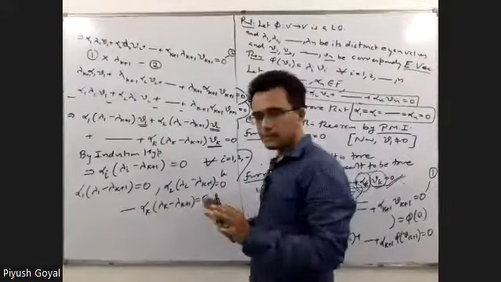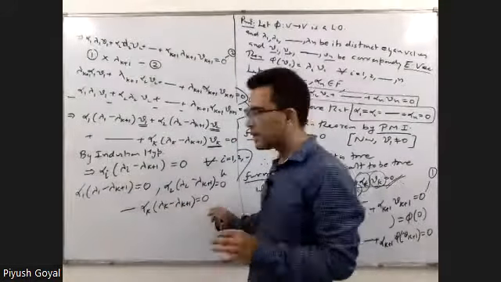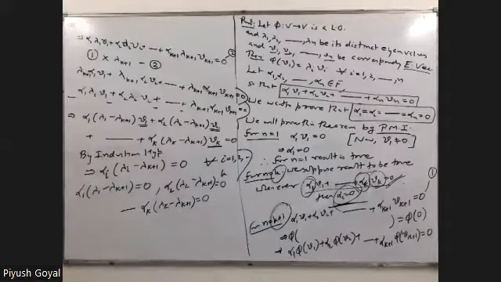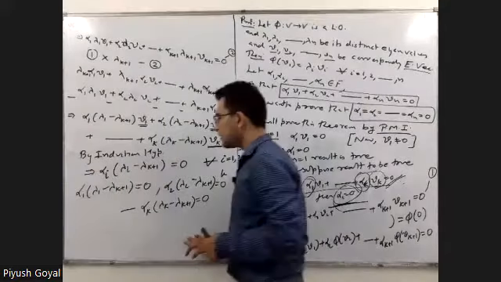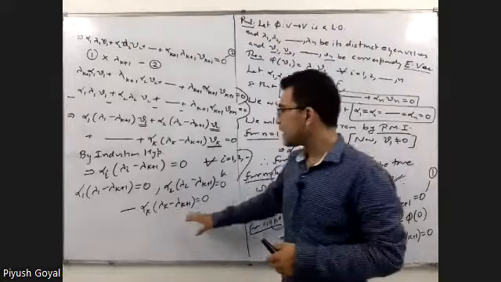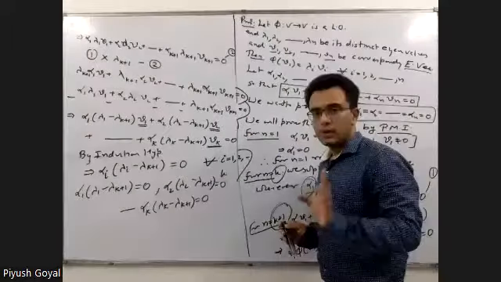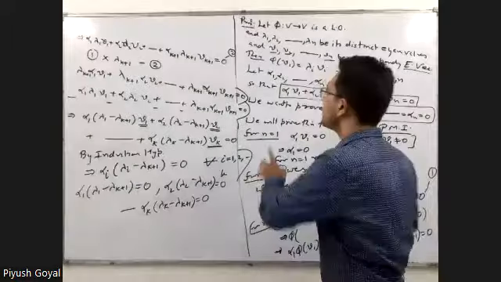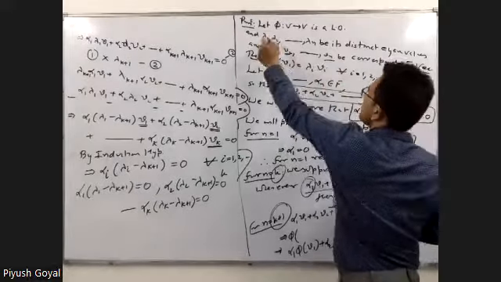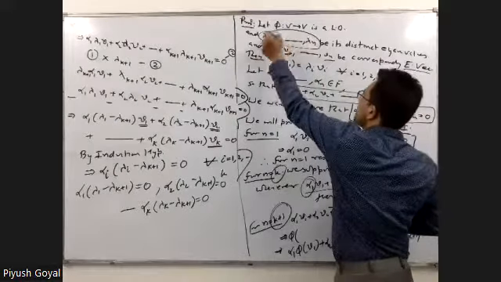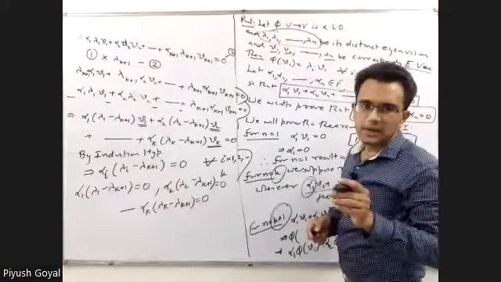So now I hope this thing is clear to you. I should ask, is this clear? The thing is, these scalars are equal to 0. When you start, you say that these eigenvalues are distinct.